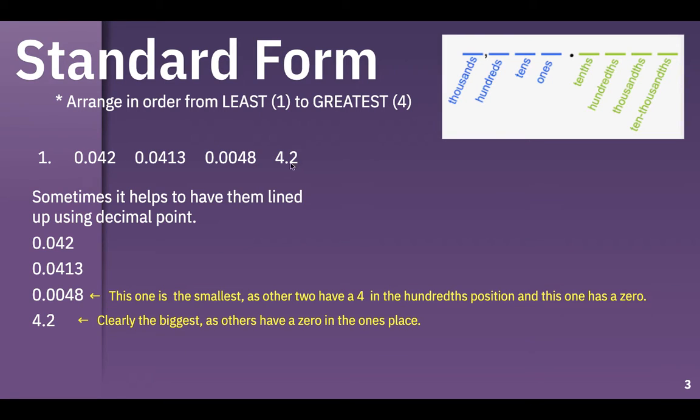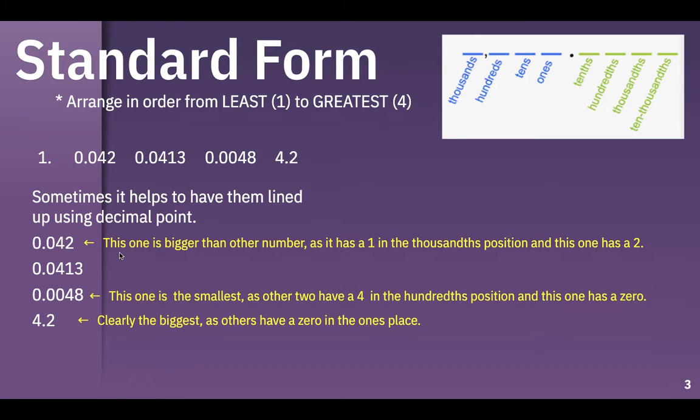So this will be number 1, this will be number 4, and then we have to determine the remainder. So now we're moving to the thousandths place. 2 and then 1. This one's bigger than the other number, as it has a 2 in the thousandths position, and the other has a 1.